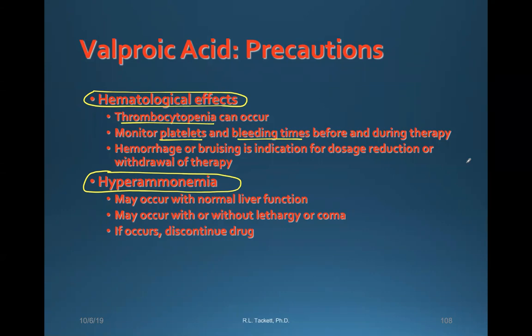Normally ammonia does not build up; your liver breaks it down pretty quickly. So the valproic acid can actually create a problem with elevating ammonia levels. And if this occurs, basically we need to discontinue the drug. And usually it is a dose-related effect, so the higher the dosage, the more likely it occurs.